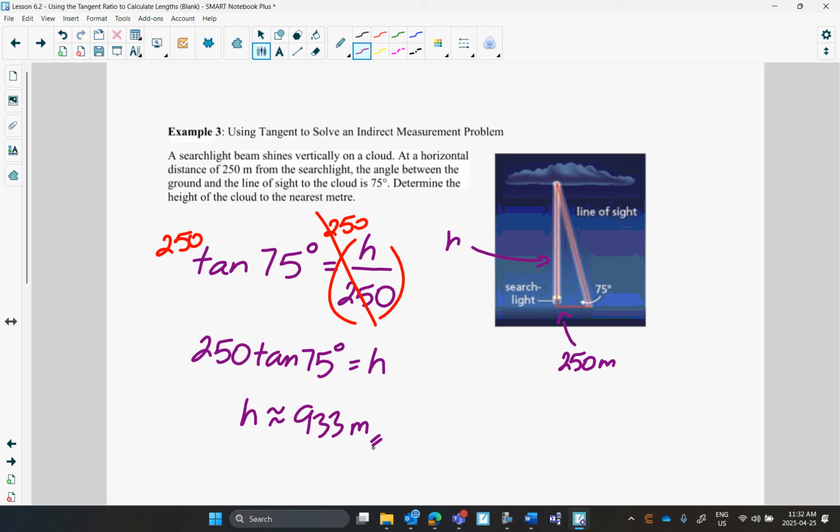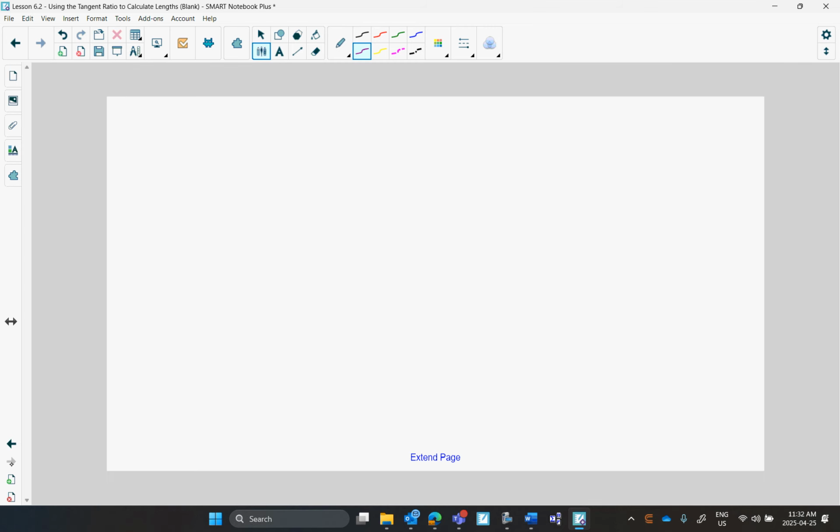So you don't have to write this down, but in trig, there's 3 types of equations. There's one that looks like this, and you're trying to find the missing angle. That's when we use tan inverse.